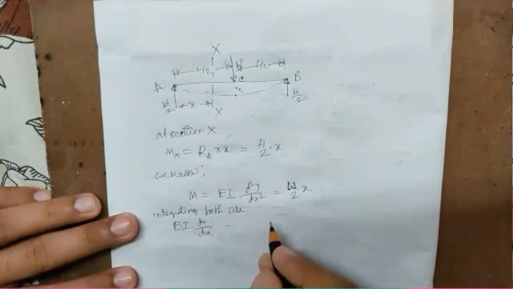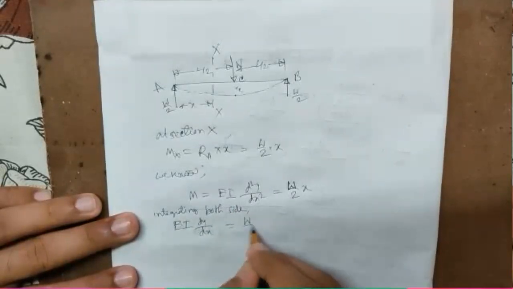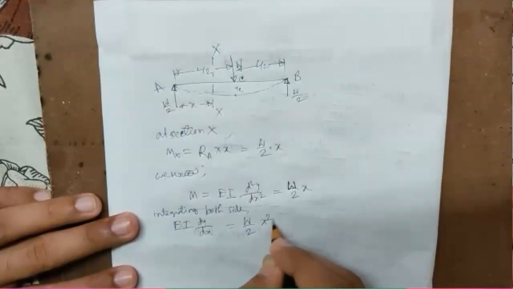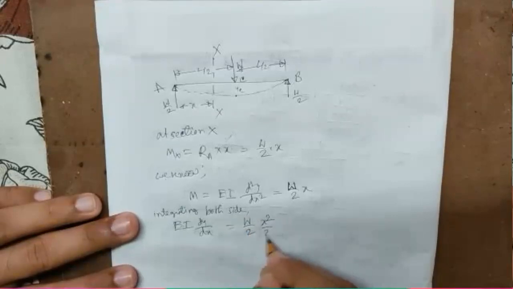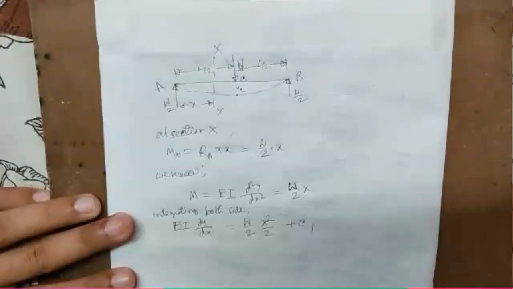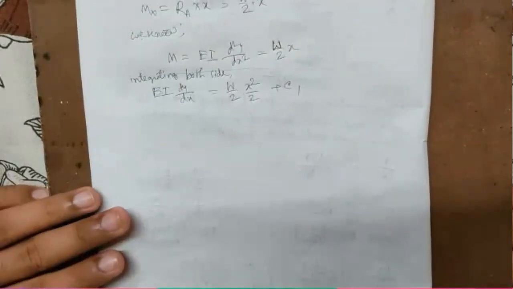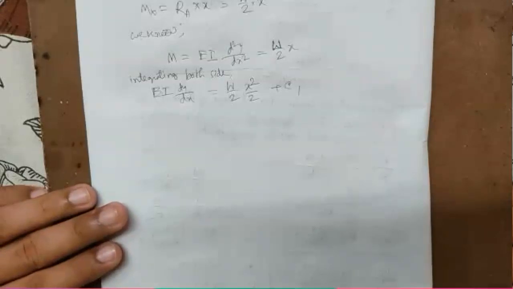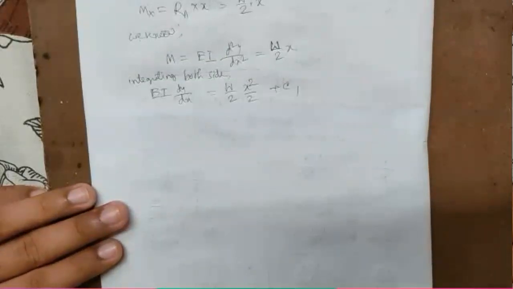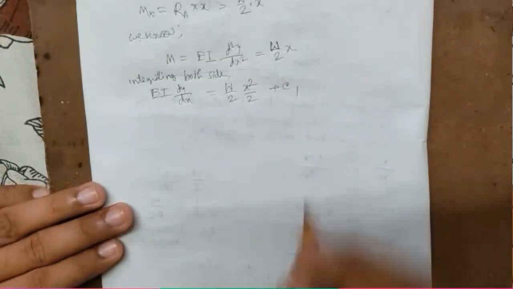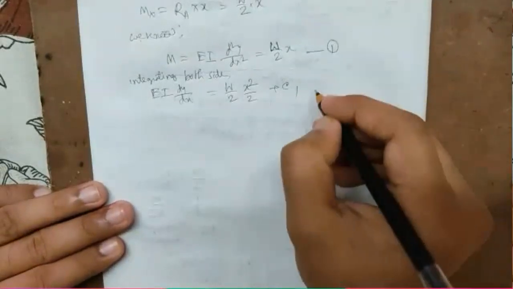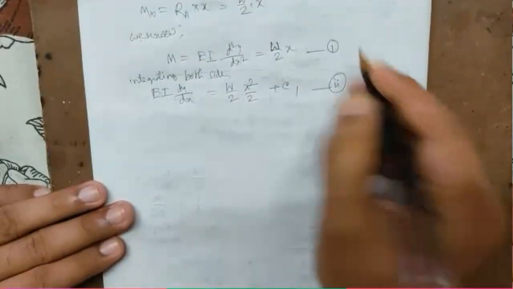On the right hand side, we will get W by 2 into x square by 2 plus a constant of integration. This C1 value is to be found out by using the boundary conditions. Let us name this equation as 1, this equation as 2.